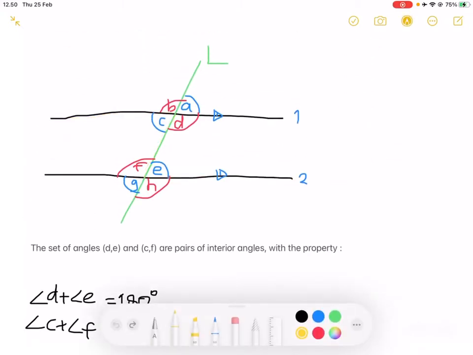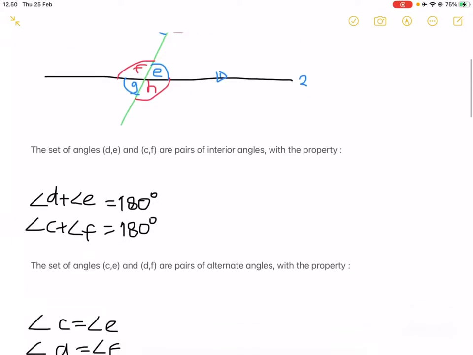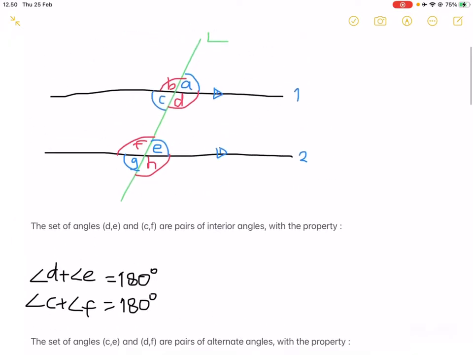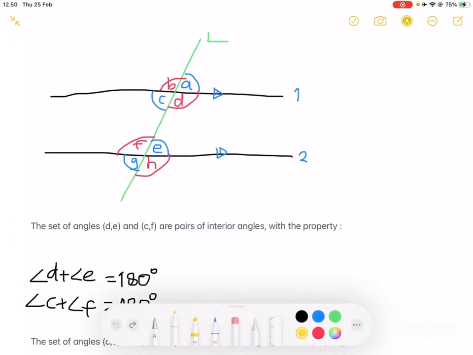In this case, for the angles DF, it will be this right here, which looks a bit odd. It doesn't look like a Z. It kind of looks like this. But as the name suggests, these angles are alternate to each other, so they form this formation.